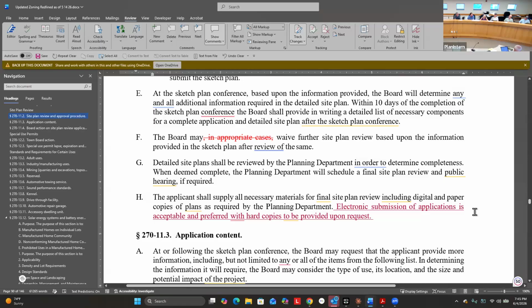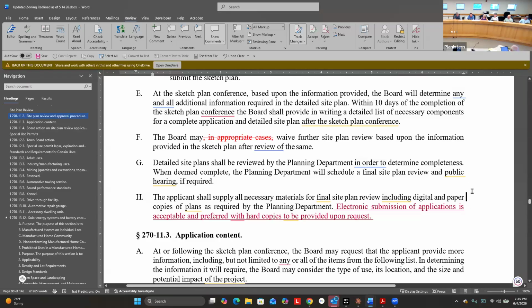I think we may be conflating two different ideas here. One is, have they provided all of the items in the package that are required? And the other is, do the items they've provided satisfy all of our questions?